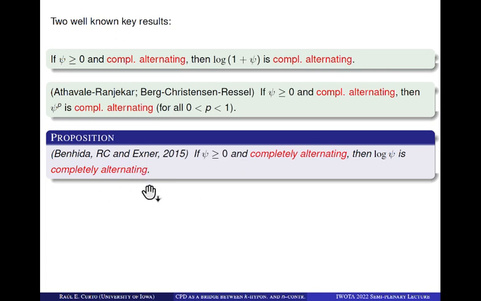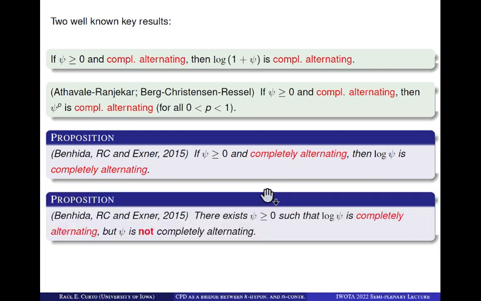With Chafiq and George, we prove that if psi is bigger than or equal to 0 and completely alternating, then log of psi is completely alternating. And as a result, we can find a psi bigger than or equal to 0 so that log of psi is completely alternating, but psi is not completely alternating. Okay? So it is possible for the log to be completely alternating, but the sequence psi not completely alternating.